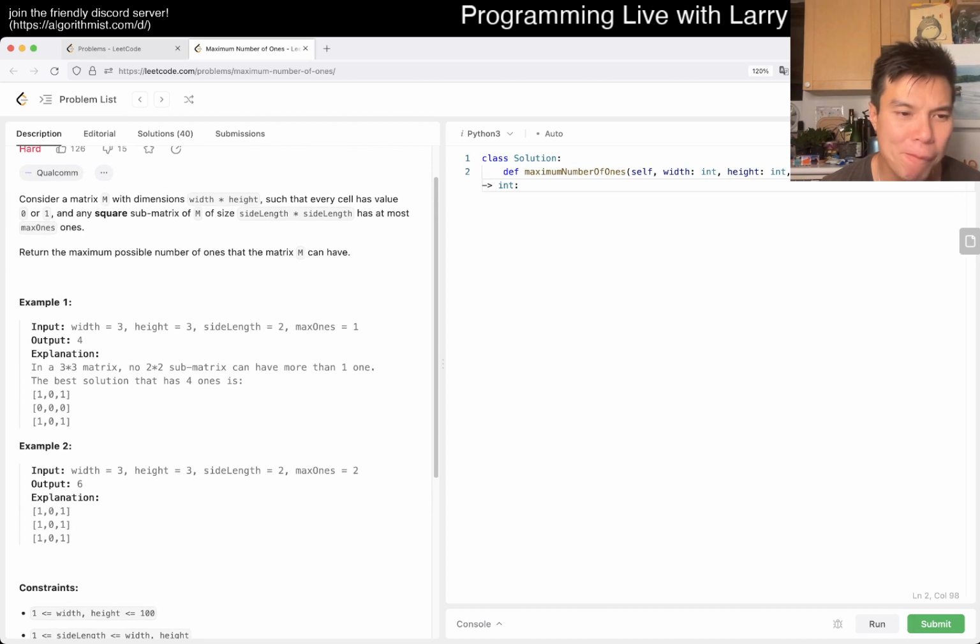Okay, so 3 by 3, any square submatrix of M of size side length times side length has at most that many ones. To be honest, my initial intuition is greedy, but I don't know that that's true.